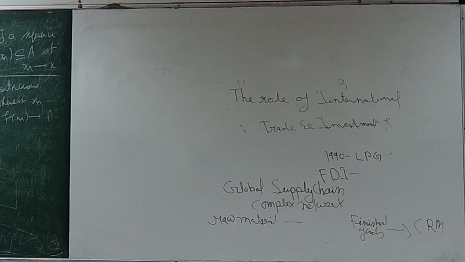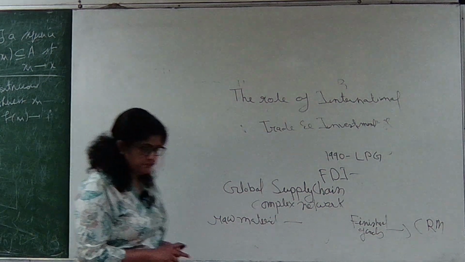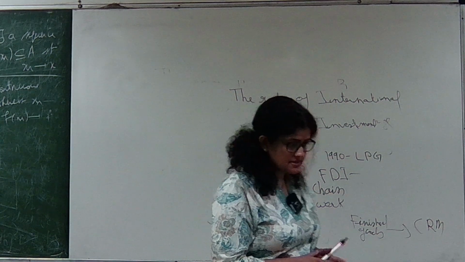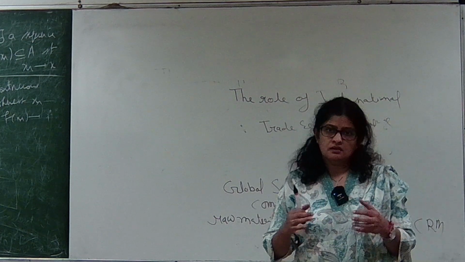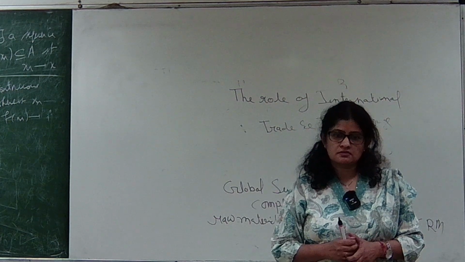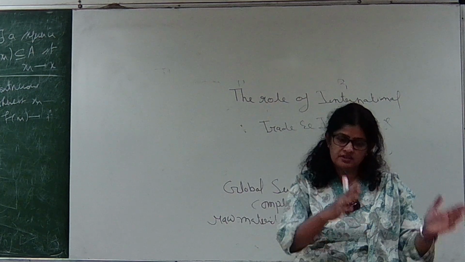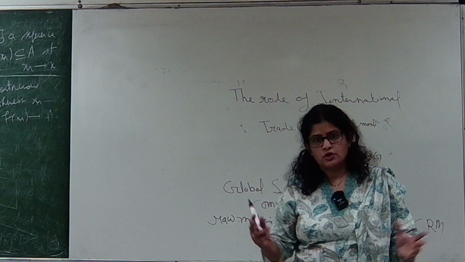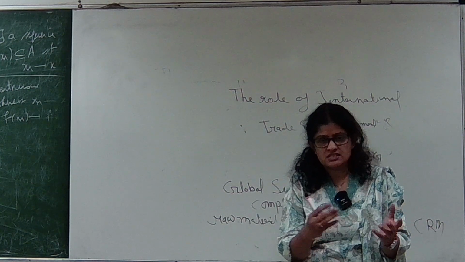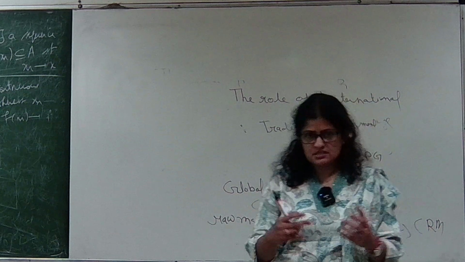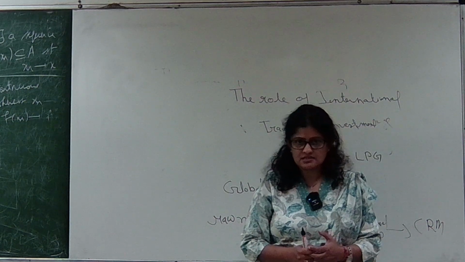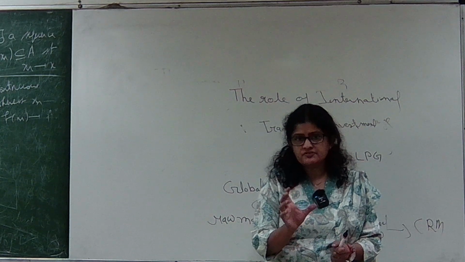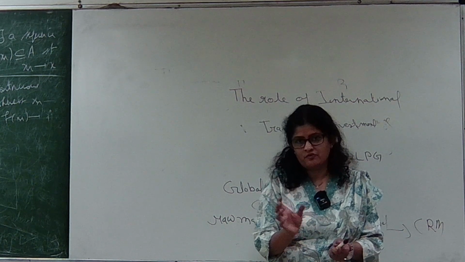Now, the kind of impact that international trade has, which we can see in the entire world: the whole world is divided into the eastern part and the western world. So, the power shift between east and west. As international business has started growing, the power dynamics have shifted from west to east.